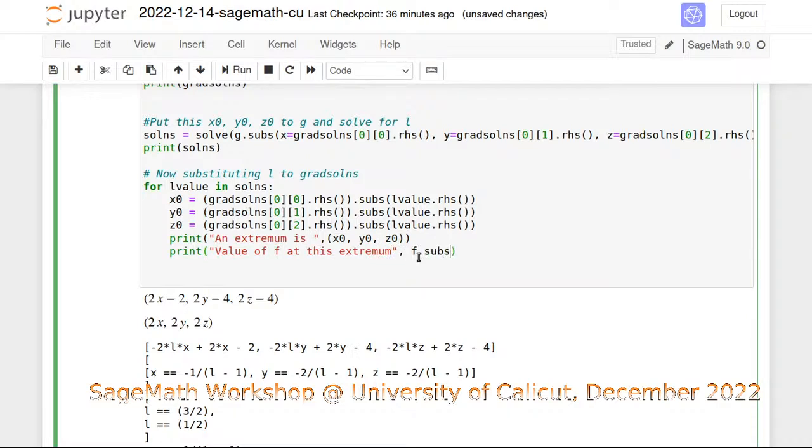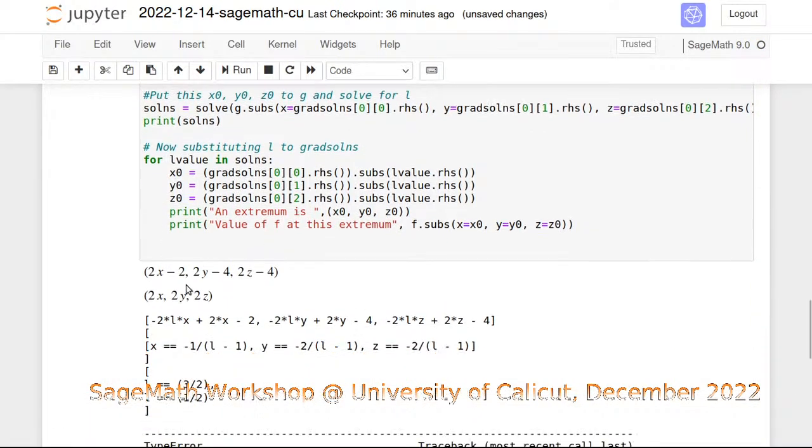Actually, we are supposed to take the square root because we want the distance. So we substitute x equal to x naught, y equal to y naught, z equal to z naught, and take the square root of this. We have completed almost all of this. Let us try to see it in action first.